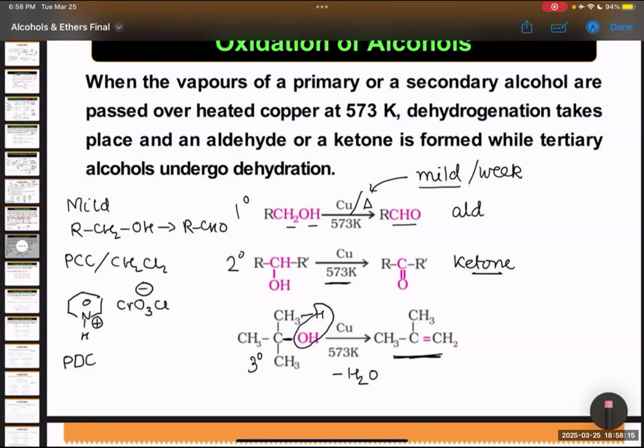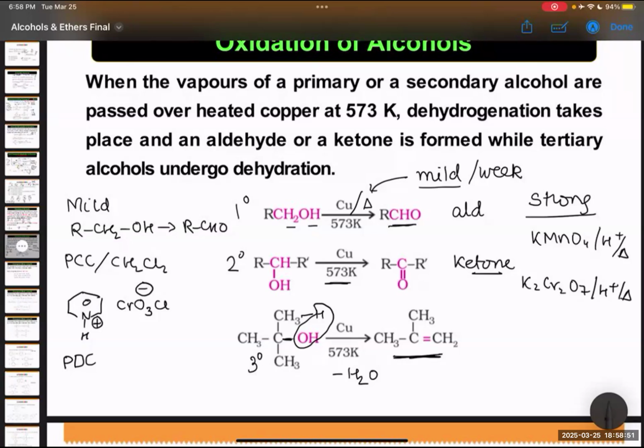But what are the strong oxidizing agents? With a strong oxidizing agent, you will get directly acid for primary. Ketones will remain ketone. So KMnO4, H plus, heat; K2Cr2O7, H plus, heat.